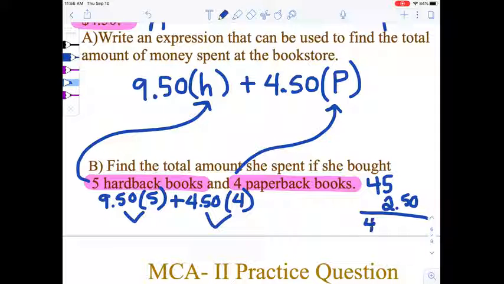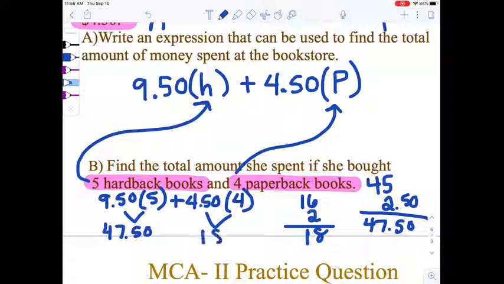So my total for hardcover is going to be $47.50. And then for paperback, if I take $4 times 4, that would be $16. 50 cents times 4, which is $2. So I get a total of $18 for paperback books.